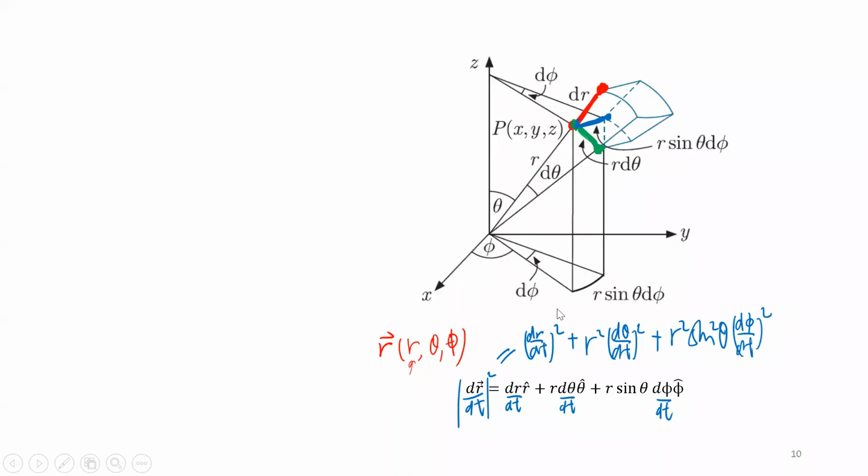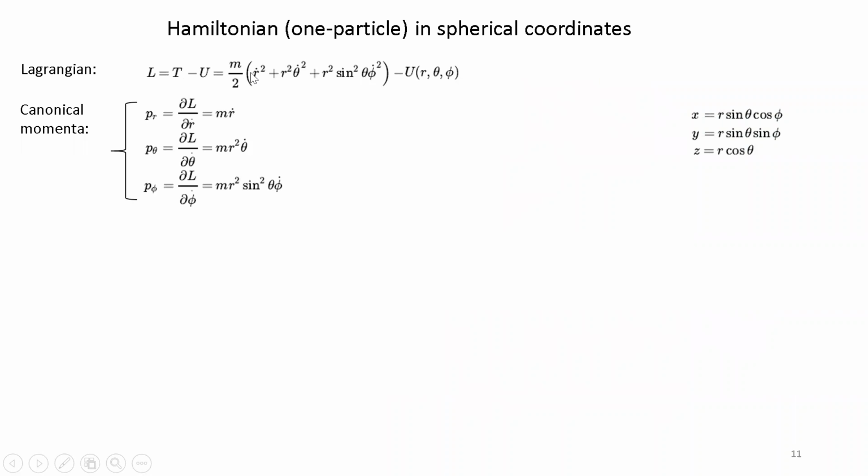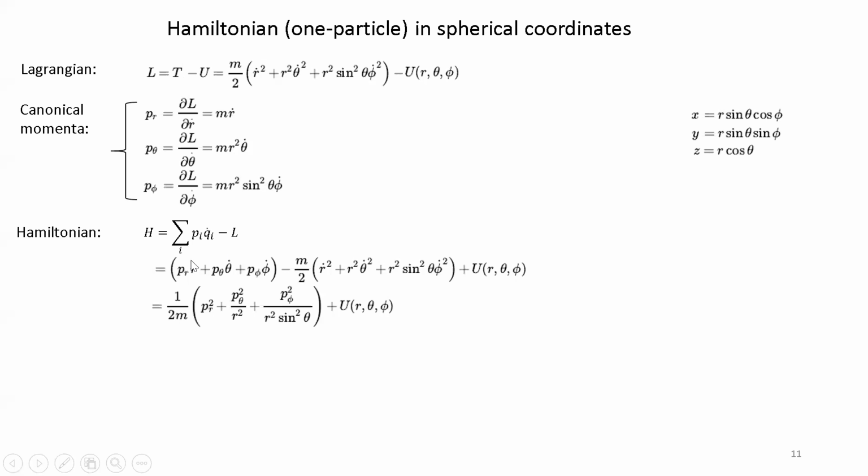Right. So that's why if I write down the Lagrangian, this is what I have. Right. So for the kinetic energy, this is the potential energy. Then using the same definition, right, so p r, p theta, p phi, like that. Okay, and then the Hamiltonian, right?